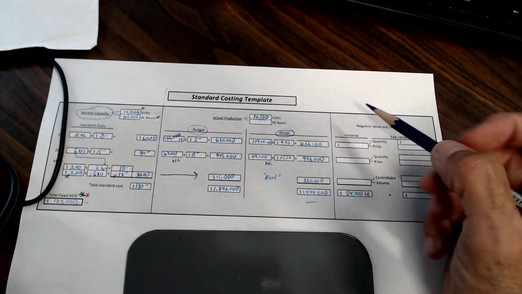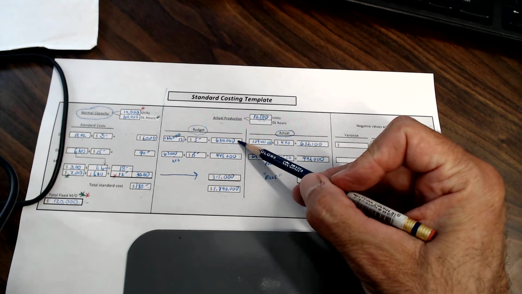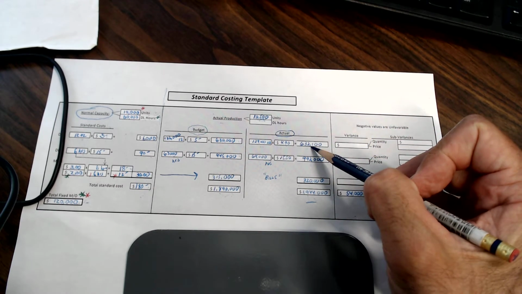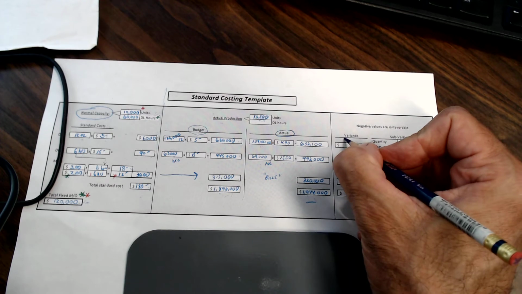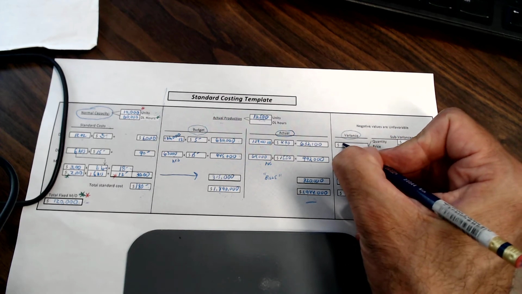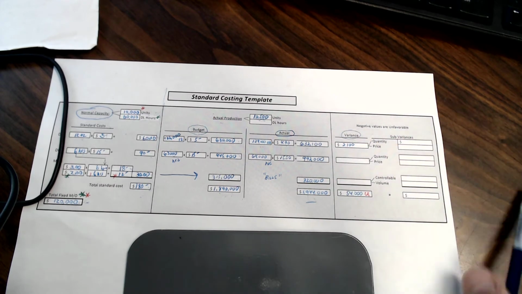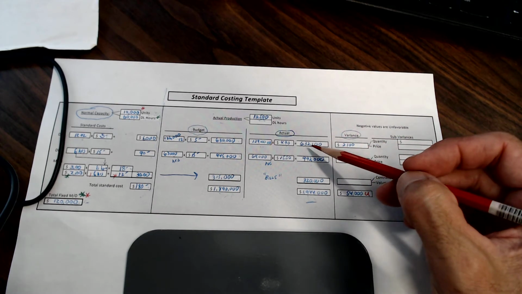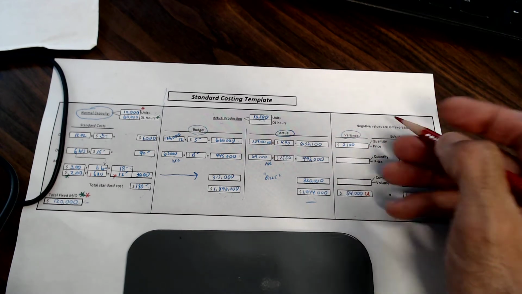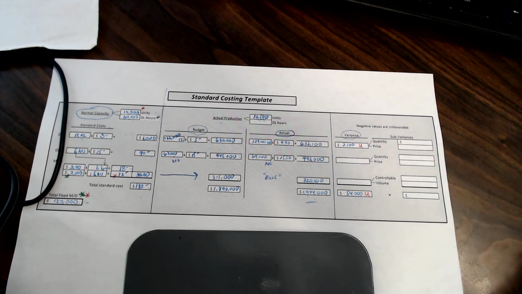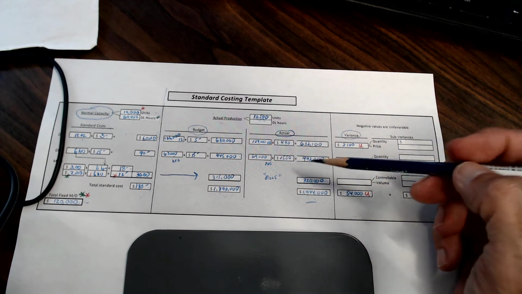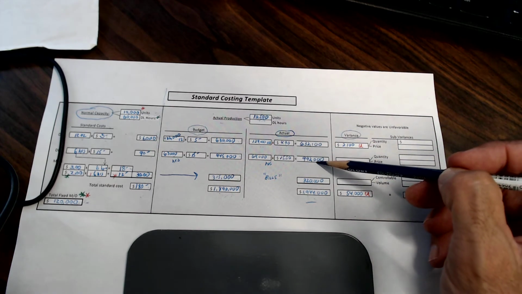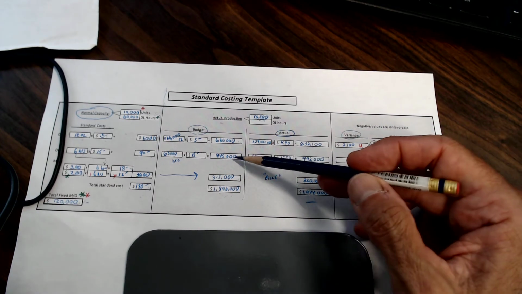Let's start with materials. Should have cost $630,000, actually cost $632,100. There's a variance there. $2,100 variance, favorable or unfavorable? Actual costs were more than budget. That's unfavorable. Labor cost $992,000.